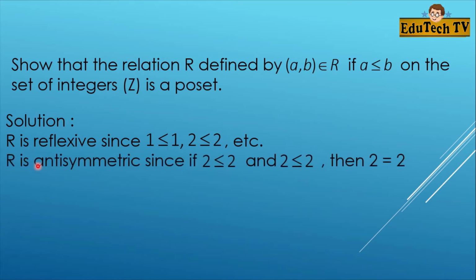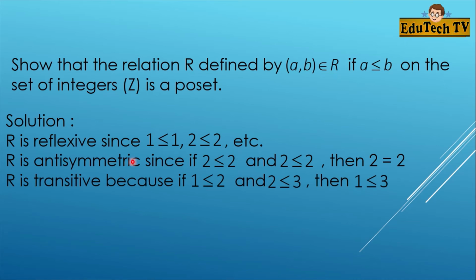Next, R is also antisymmetric since 2 is less than or equal to 2 and 2 is less than or equal to 2. And then since 2 is equal to 2, then it is really antisymmetric. So lahat ng integers natin ay pwedeng ganito.